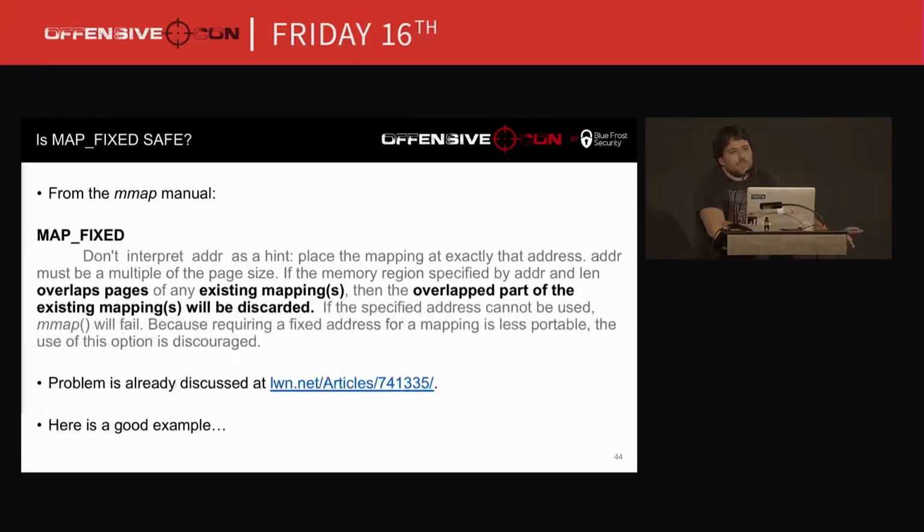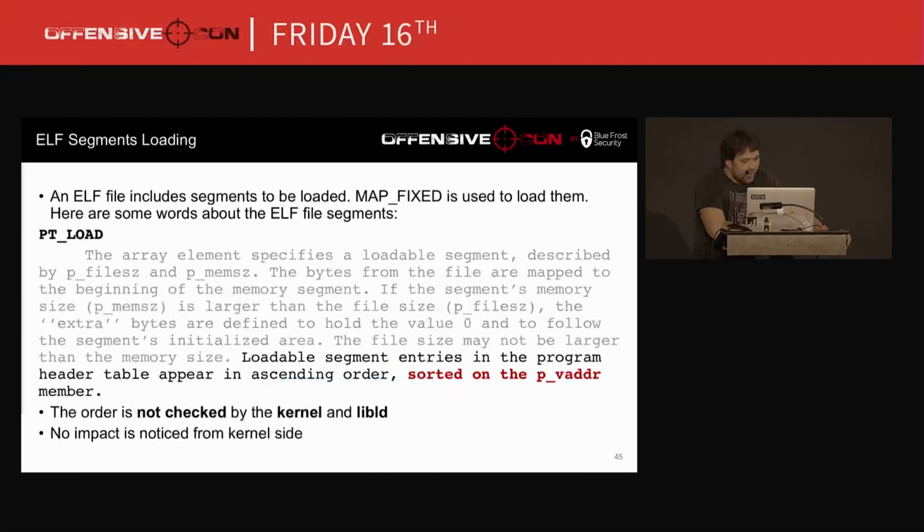The problem is that if you have some primitive that can remap memory, you can do whatever you want, honestly. This problem was already discussed in LWN.net articles, but with a different example. I found another interesting example, honestly.